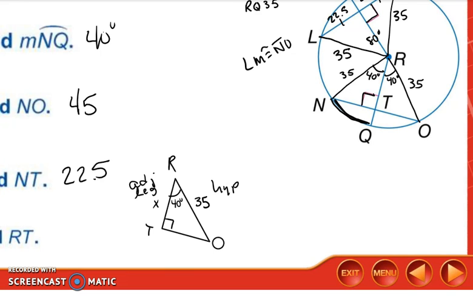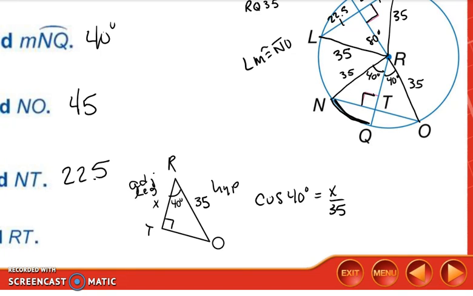So you're going to have the cosine of 40 degrees equals the adjacent, which is x, over the hypotenuse, which is 35.